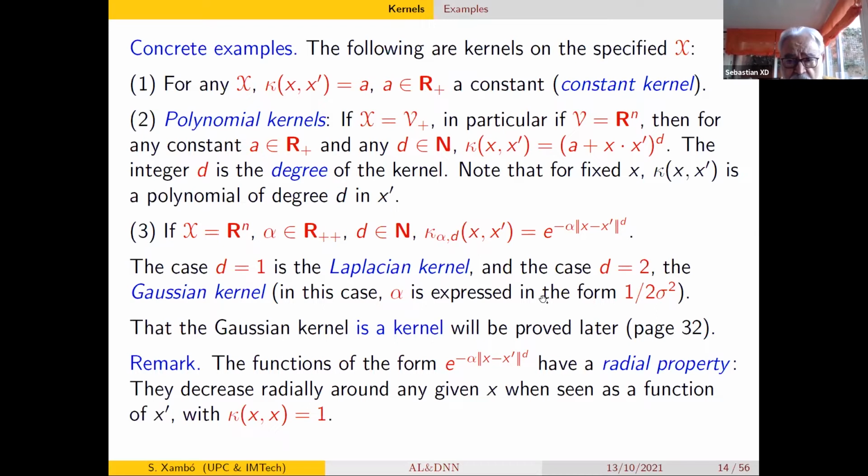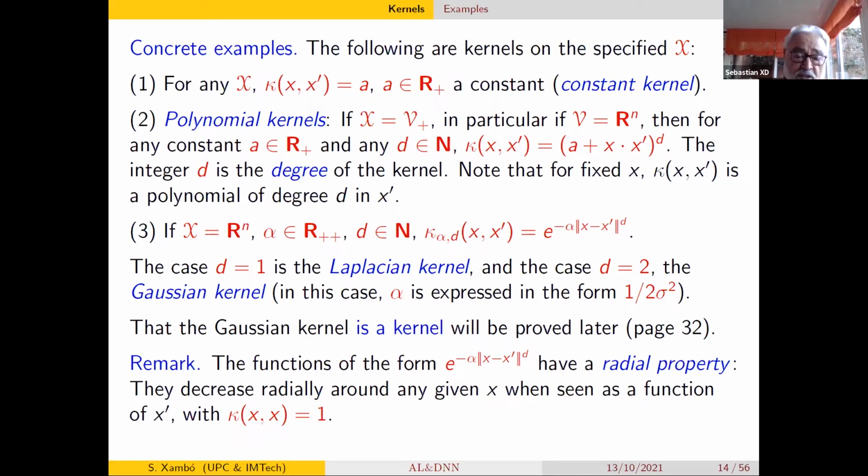These kinds of functions, for example the Gaussian, have what is called the radial property. What does it mean? If you fix x, for example, and look at this as a function of x prime, then this function of x prime decreases radially around any given x, in the sense that it depends only on the norm separating x prime from x, and therefore decreases radially around x.